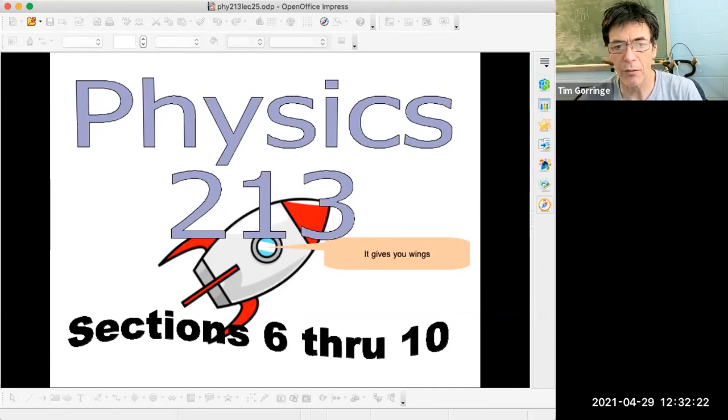Is the format similar to the previous exams? Yeah, the format will be similar to the previous exams. It's worth 150 points rather than 100 points, but it'll have the same proportions of multiple choice questions, same proportion of numerical answer questions, and fully worked out problems.